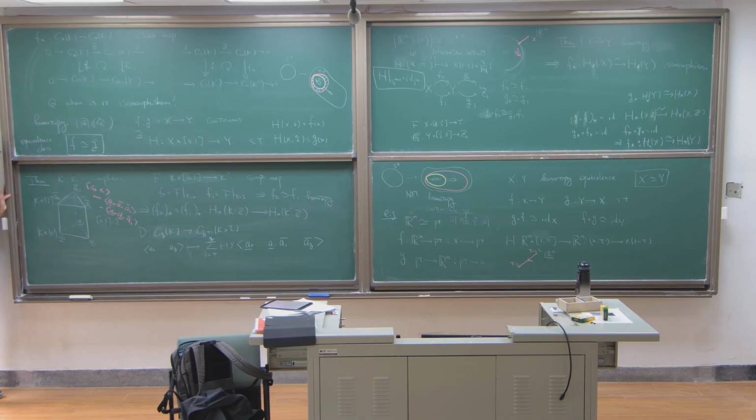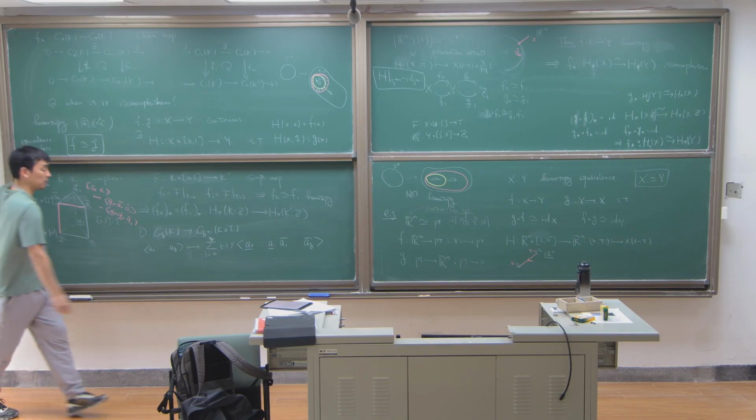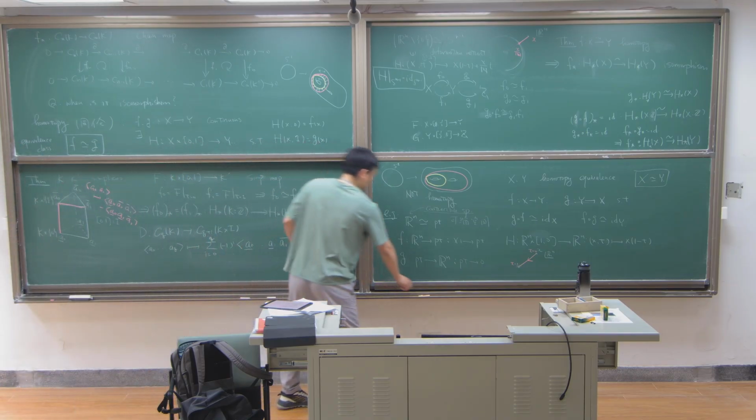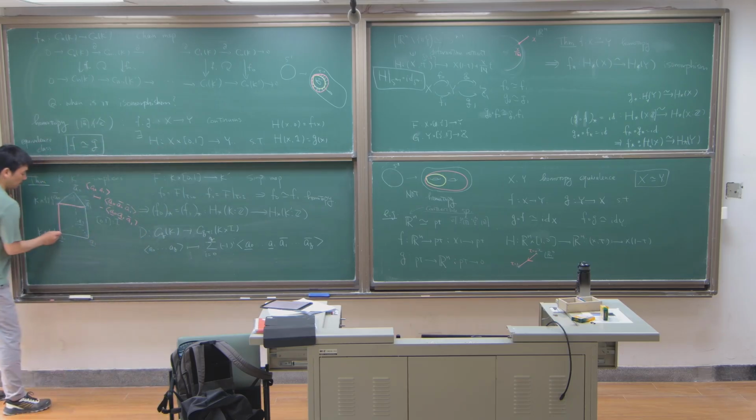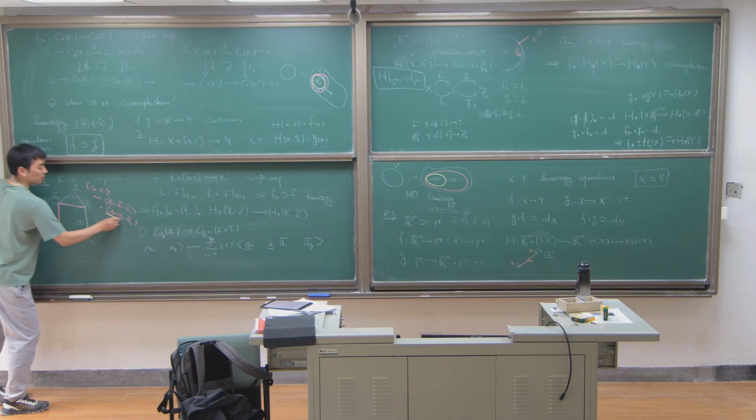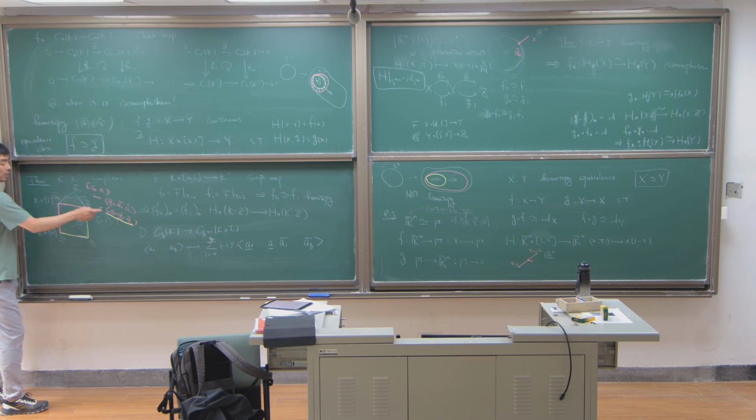So it's mapped like this: this one and this one, minus this one and this one. That's the map we just constructed.